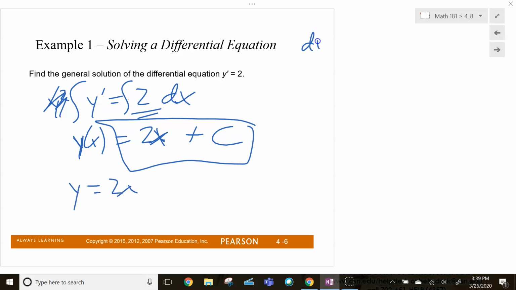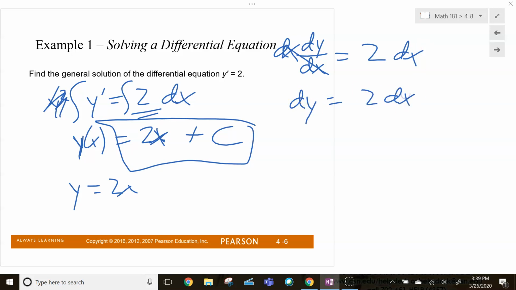Now here's another way to express that with some other notation. dy/dx is 2. Take the dx over, so I have dy equals 2 dx, and I run the antiderivative, I run the integral, and that will give me my solution. So y of x is 2x plus a constant.